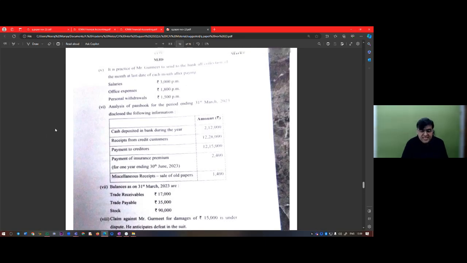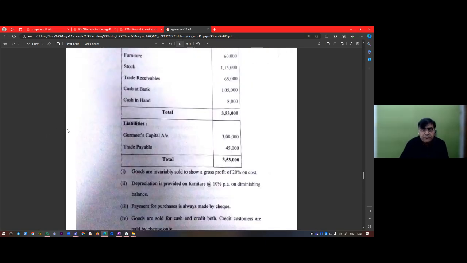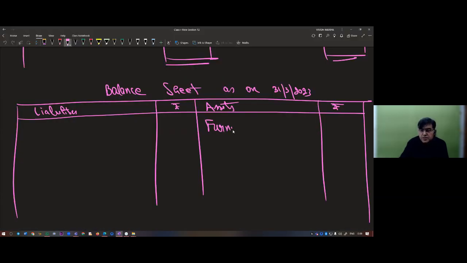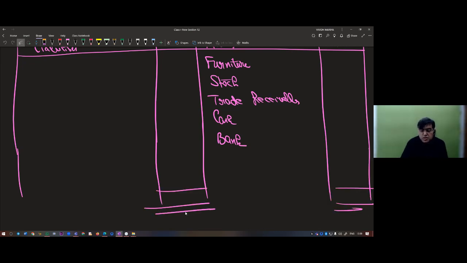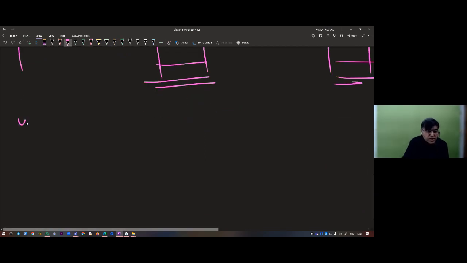We have assets by the name of furniture, stock, trade receivables, cash, bank. That's all. We go to the working notes.